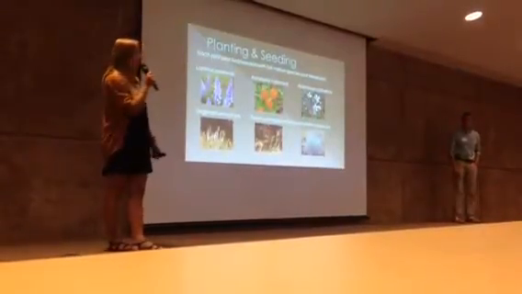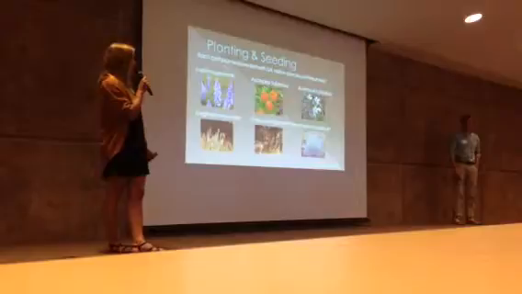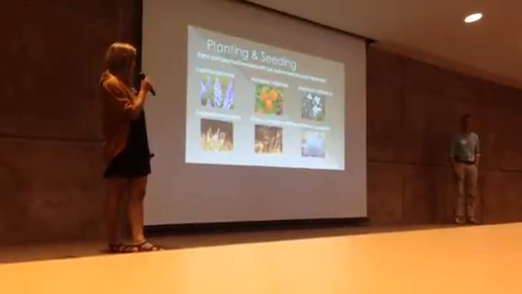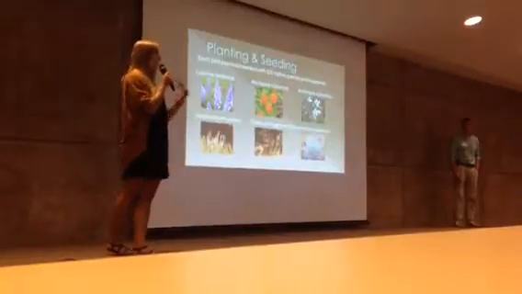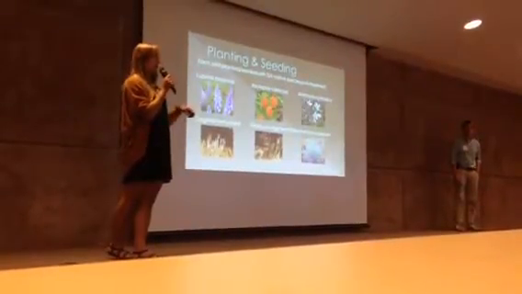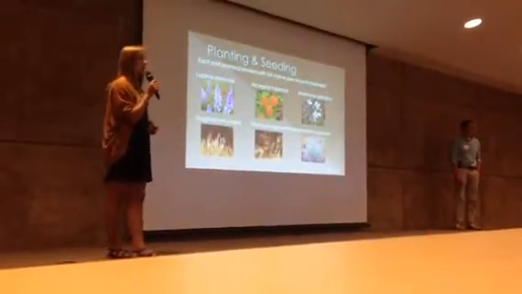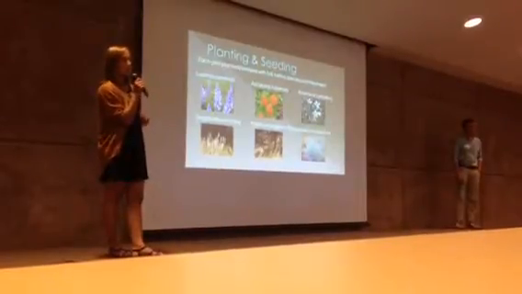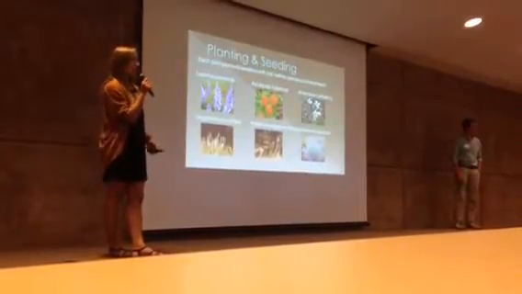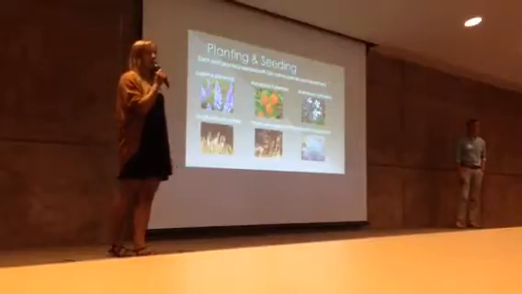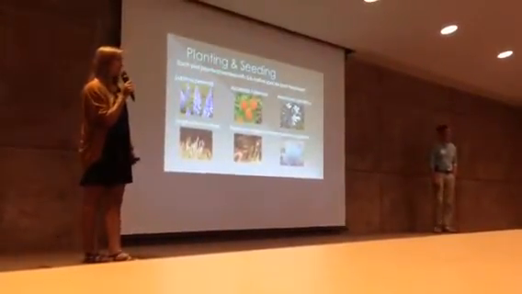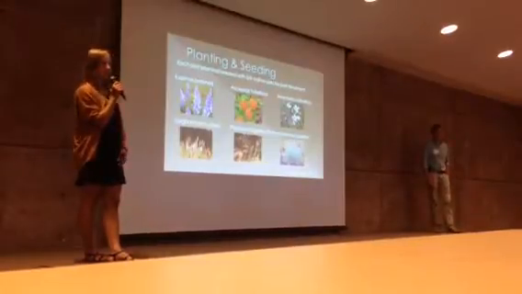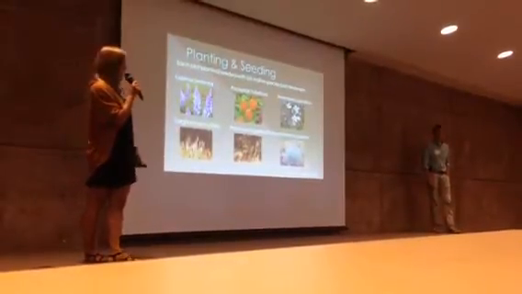We planted 3 forbs, lupine, butterfly milkweed, and thimbleweed, and 3 grasses, Indian grass, switchgrass, and little bluestem. We planted half of our plots with seeds and the other half with plugs, and if rainfall was below average for the week, we would water them. One thing to note is that we had really high rates of herbivory with our lupine and butterfly milkweed plugs. So we're thinking that planting plugs the first year after burning may not be the best option.